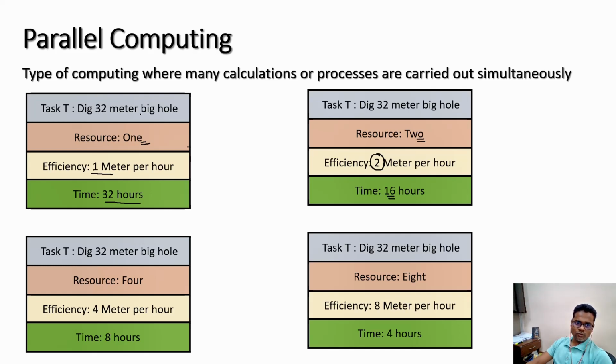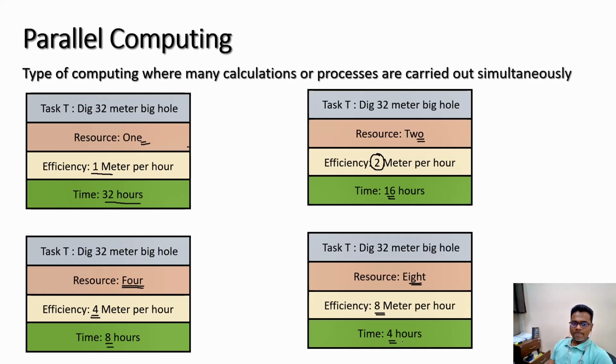Earlier it was taking 32 hours, now it is taking 16 hours. In the same way, if I increase the number of resources to 4, the overall efficiency becomes 4 and the total time required is reduced to 8 hours. If I increase the number of resources to 8, the overall efficiency becomes 8 meters per hour and the total time required is 4 hours.